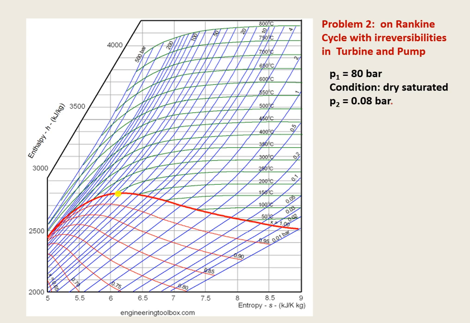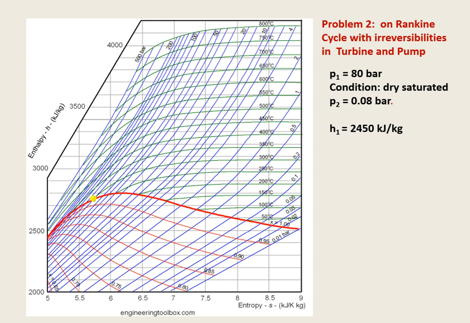H1 is 2450. That you find out by locating the 30 bar line and dry saturation line intersecting at this point. The point of intersection of 30 bar line and dry saturation line is state 1. You get the enthalpy here, 2450.